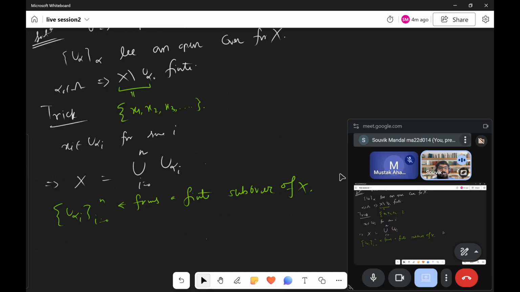So the collection u alpha forms a finite subcover of x. Okay, so I hope this argument is clear.